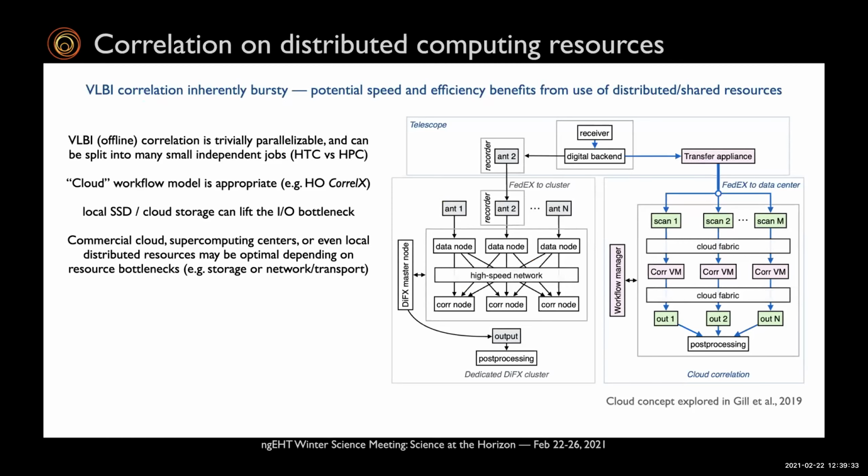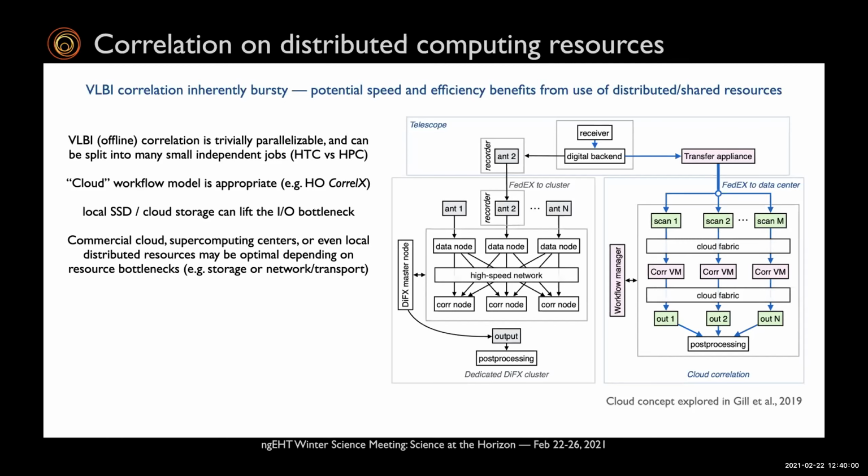And VLBI correlation is trivially parallelizable, so it's very well suited for a number of small independent jobs in something like a cloud workflow model, something pioneered by a Haystack experiment called Corelex, and also this cloud concept, which one of our summer students, Ajay Gill, pursued and wrote a paper up in 2019.